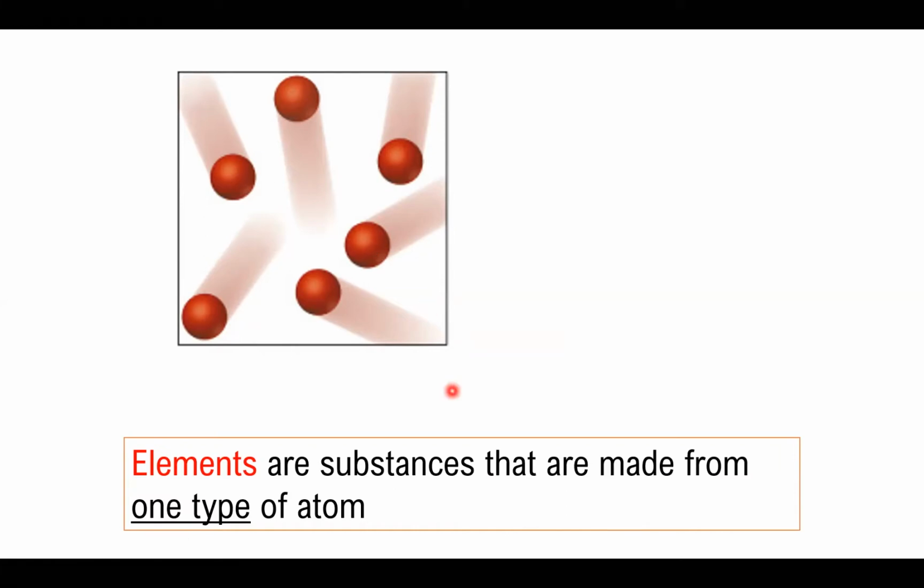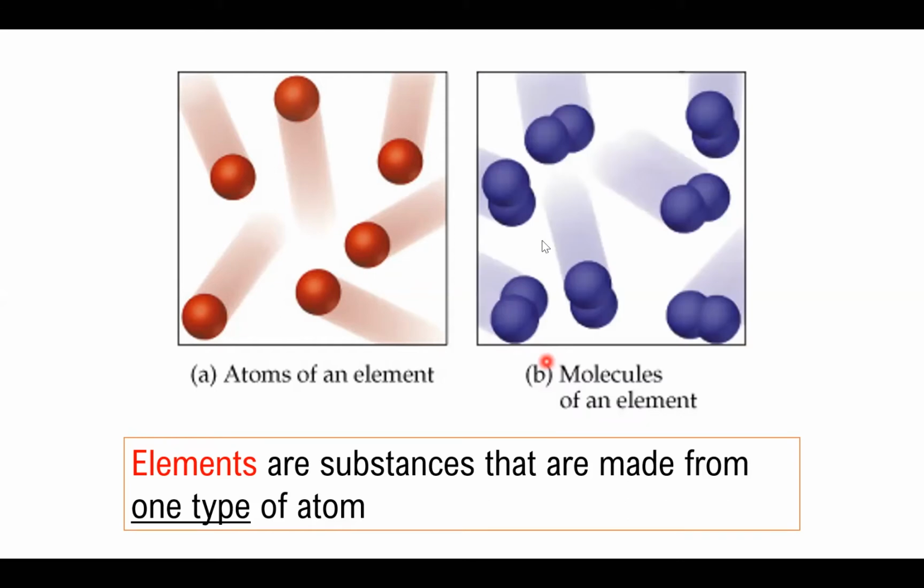If the substance is made out of one particle, we call the particle an atom, if there is only one. If the substance is made out of more than one particle joined together like this, so you can see there are two particles joined together, we call these molecules.